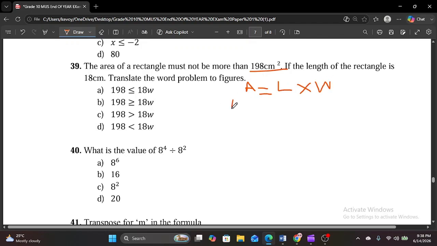The area right there is given as 198, and the length there is given as 18. So 18, and we were not given the width, so it's going to be 18 times W. In this case right here, it's the same thing as 18W.